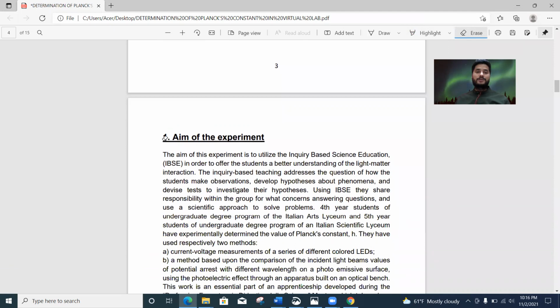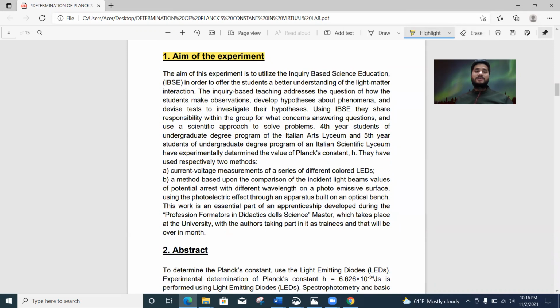At first, I'm going to give a briefing about the aim of the experiment. The aim is to utilize inquiry-based science education, IBSE. In the field of science, many students are curious about different phenomena, but they don't know the actual meaning and how we can calculate the different parameters.